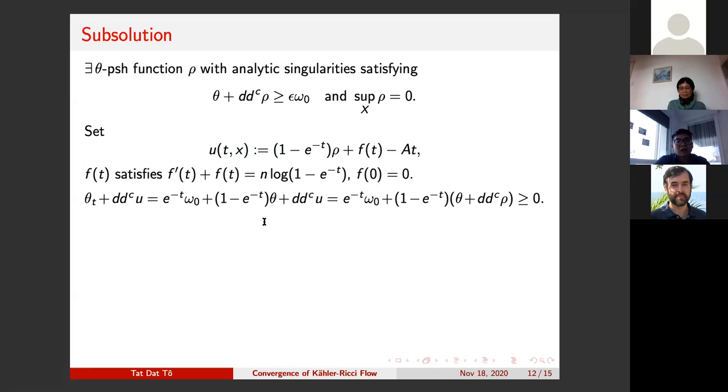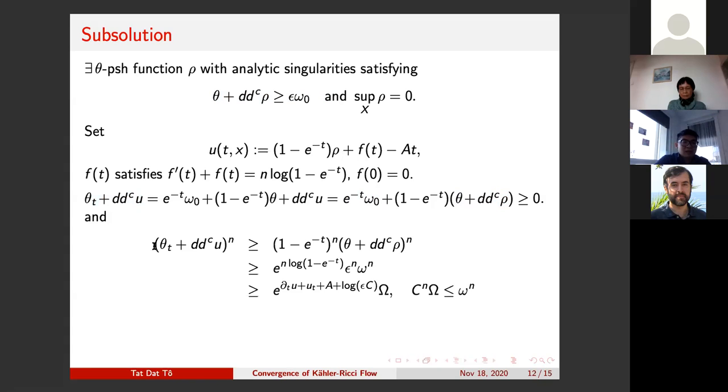The first condition to be checked is that u is a theta-PSH function. If you take theta_t plus dd^c of u, you can see that with u like this, when you take dd^c, the term depending on t will be removed. And then we have the first term is a positive term. The second term is positive as well because of the first condition. So we have this function u is a theta-PSH function.